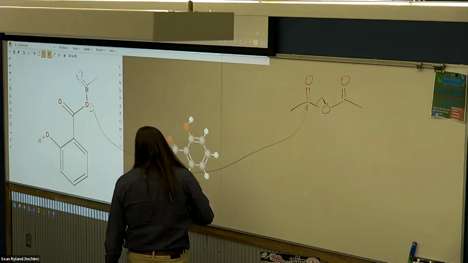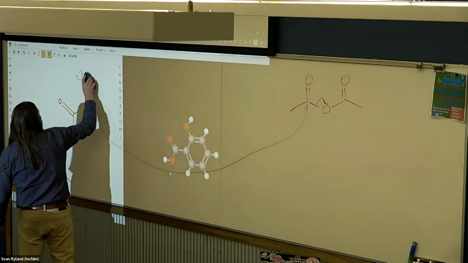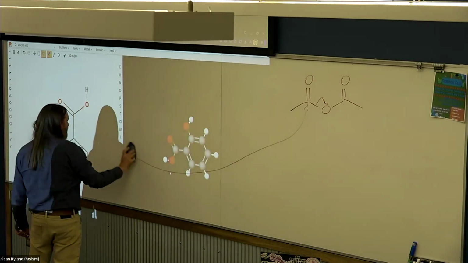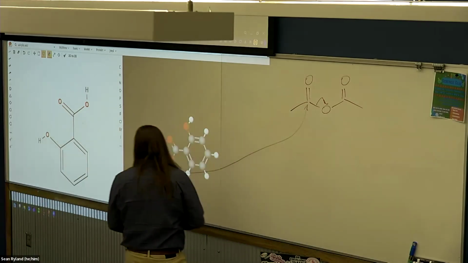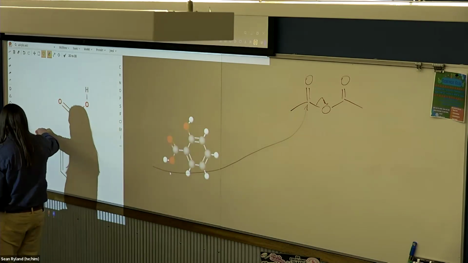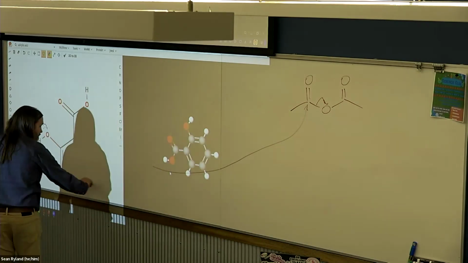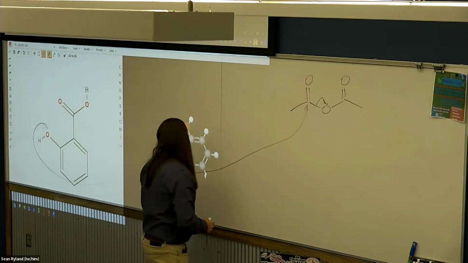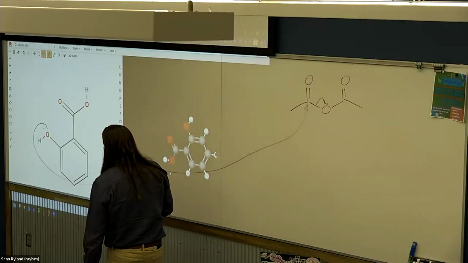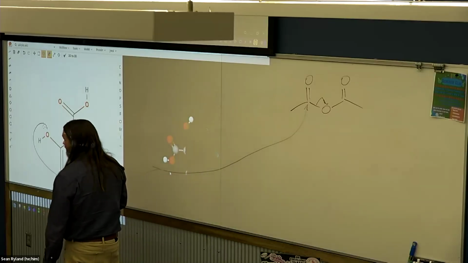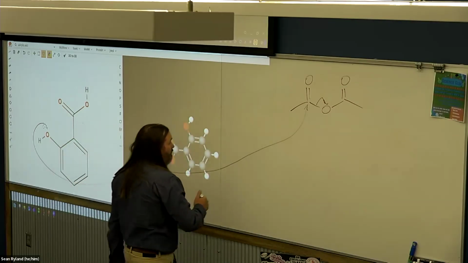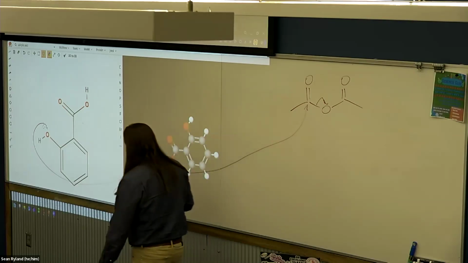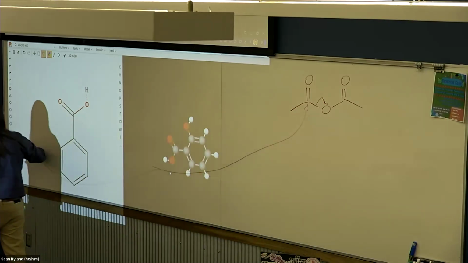What do we get if the other functional group attacks? If the alcohol attacks, that's not an anhydride anymore. We wind up with an alcohol being attached here. So we get something that's going to look like this.